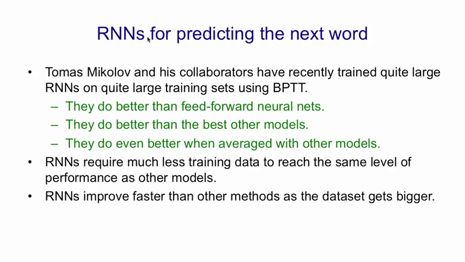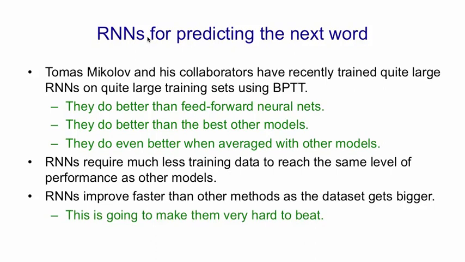You need to double the size of the dataset to get a small improvement. With RNNs, they can make much better use of the data. This means it's going to be very hard to beat them as datasets get bigger. I think it may be the same story as for object recognition with large deep neural nets, that once the neural nets get ahead, they can make better use of faster computers and bigger datasets, and so it's going to be very hard for other methods to catch up.